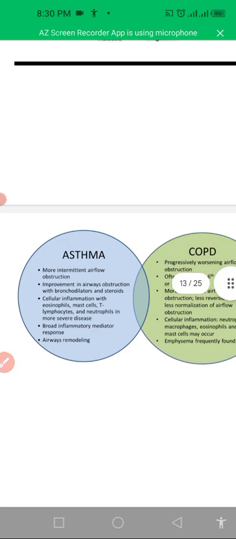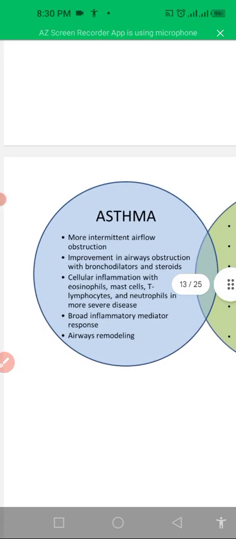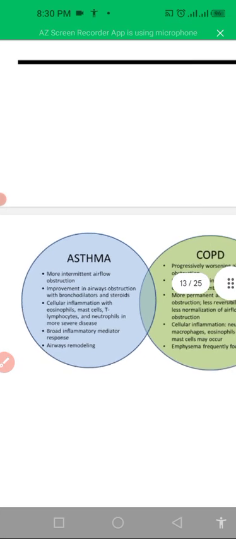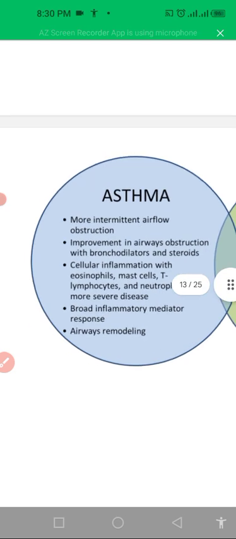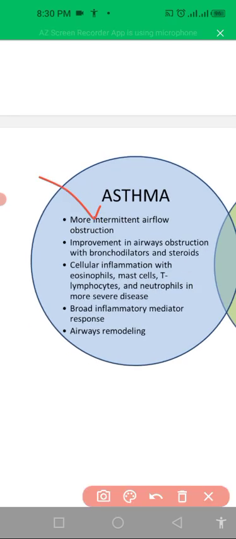Now pathologically, there are two diseases that correlate. One is asthma. What is the meaning of asthma? It is intermittent airflow obstruction. Improvement in airway obstruction with bronchodilators and steroids can help.